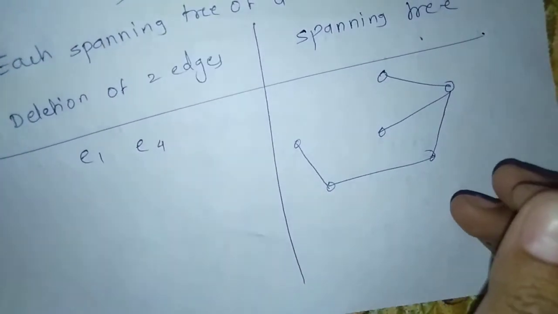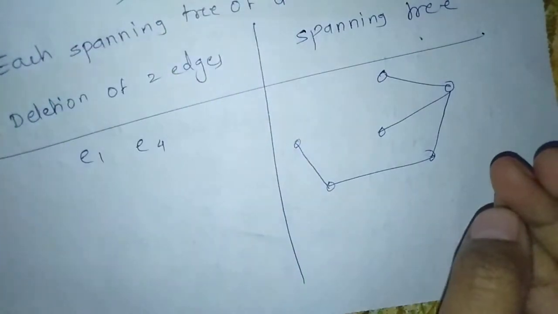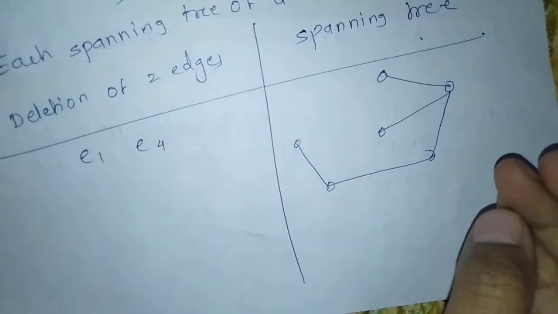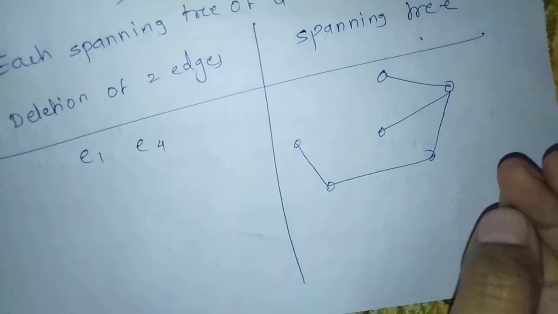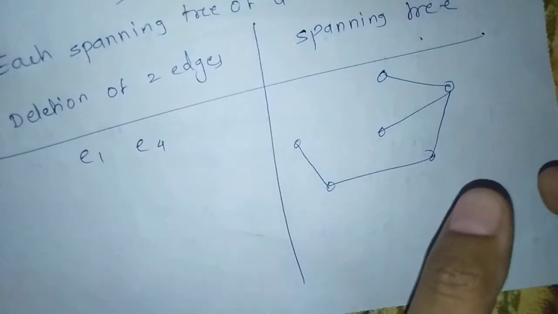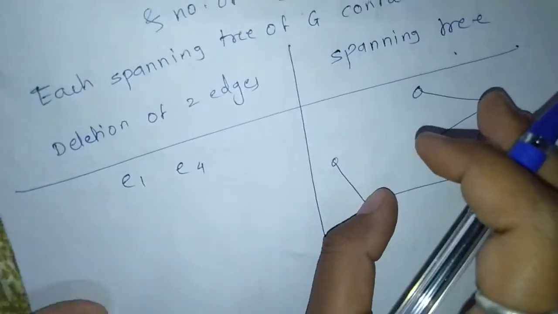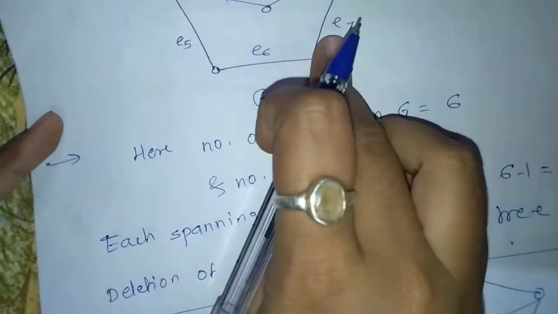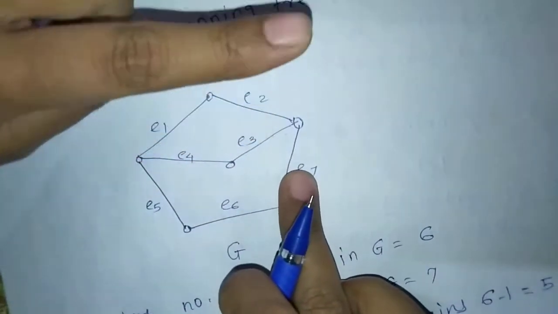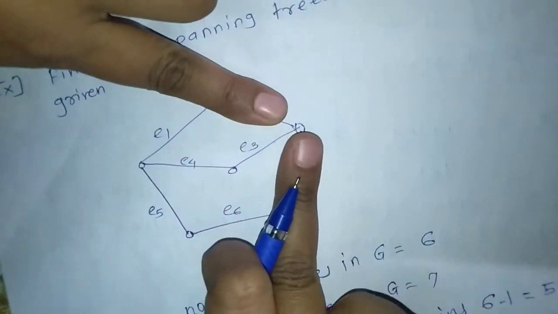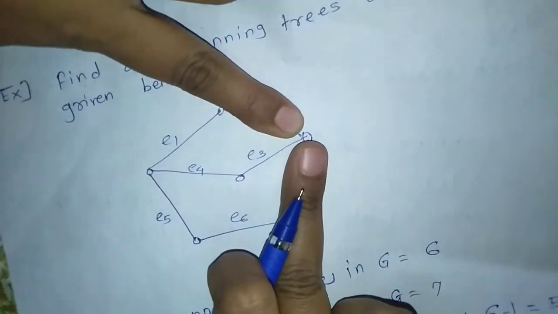So there is a path between every pair of vertices. That is why it is connected. Also it does not create a circuit. So this is a spanning tree. If we delete edges E2, E7, also it is connected.